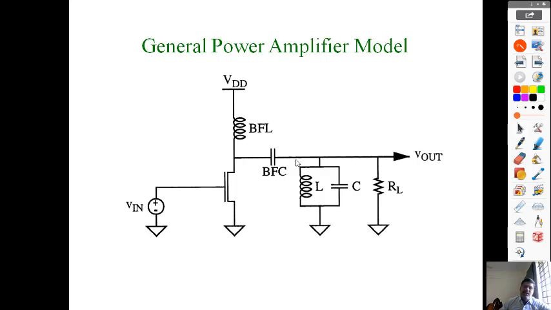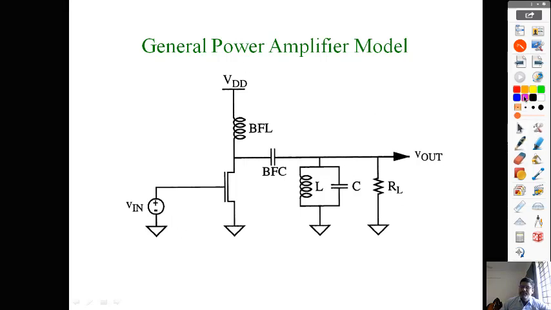So this is one general power amplifier model. Here this is the source from where we are going to pump the RF signal to be amplified. This is the active device; here we have taken the MOSFET as our active device. This VDD is the bias voltage.